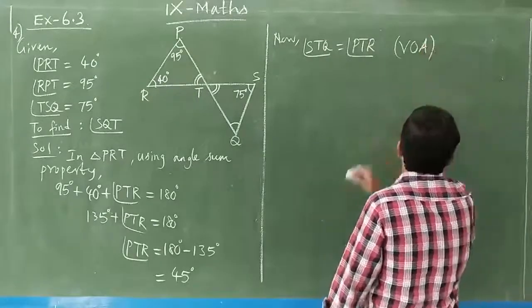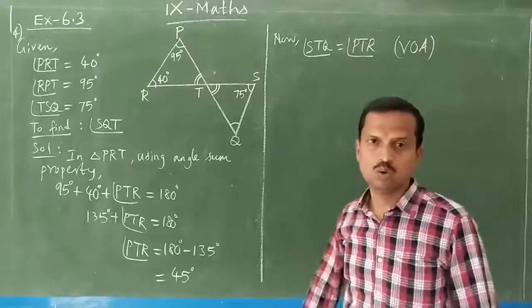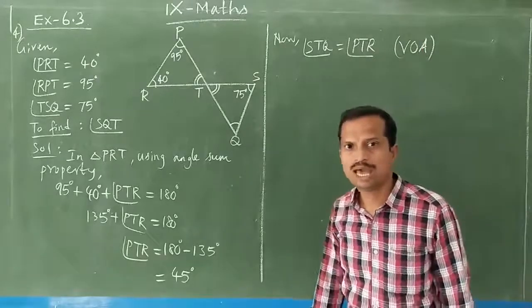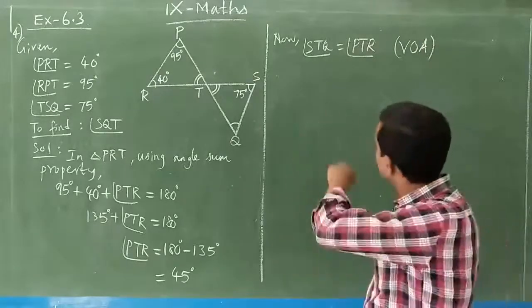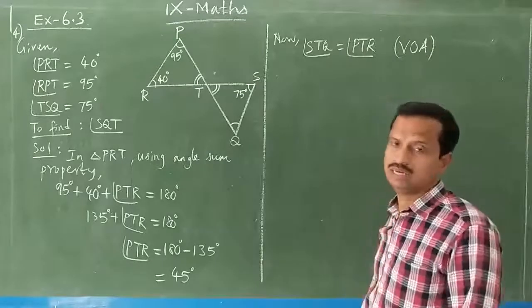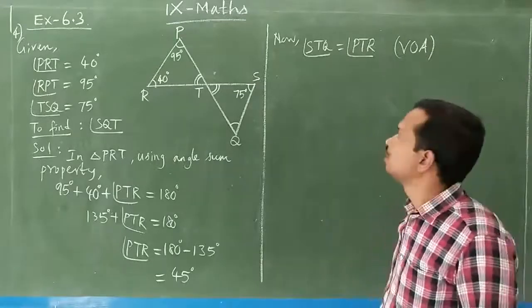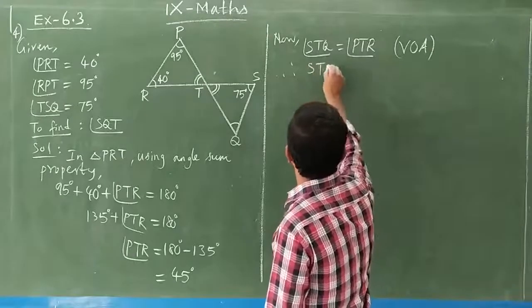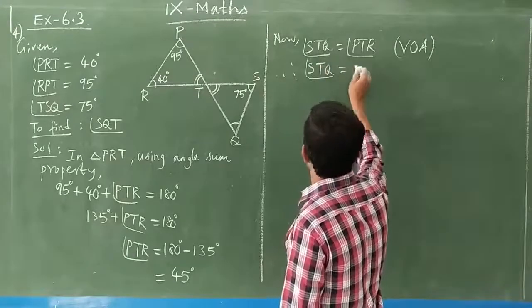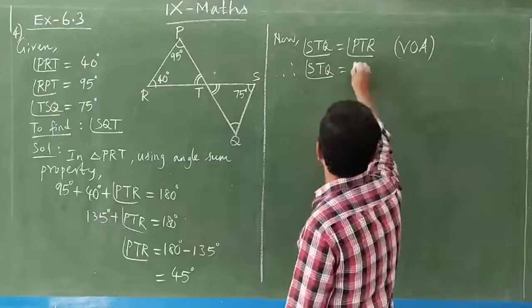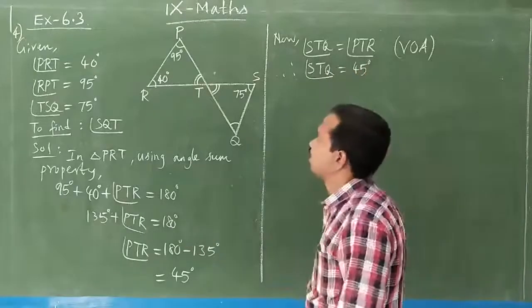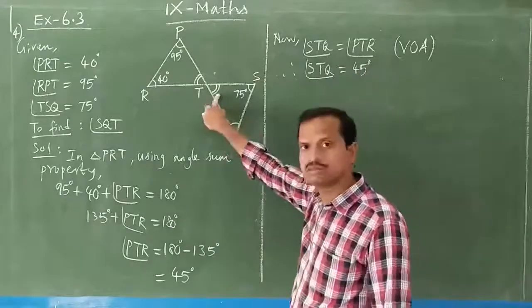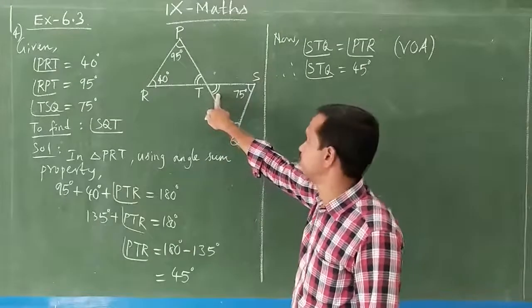I already told you VOA means vertically opposite angle. I told you when I got this vertically opposite angle. Am I right? And now, therefore, SPQ is equal to what? What is PTR? 45. So we can put 45 degree. And now this becomes 45 degree.